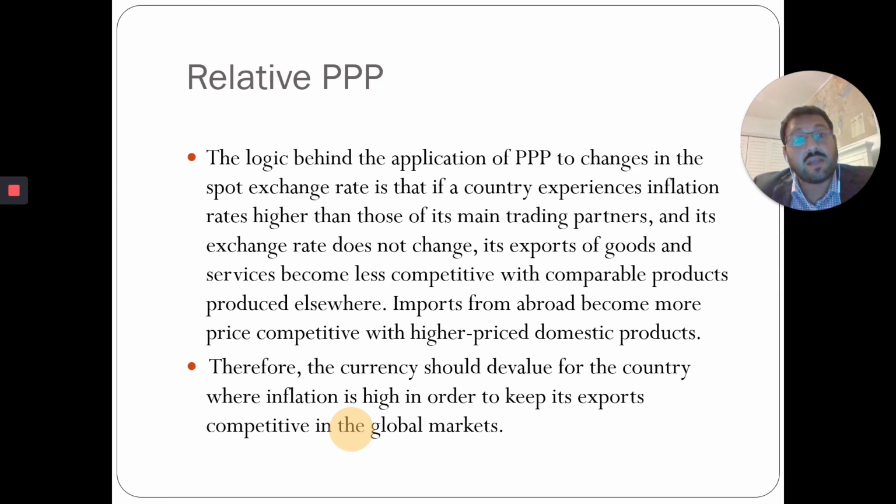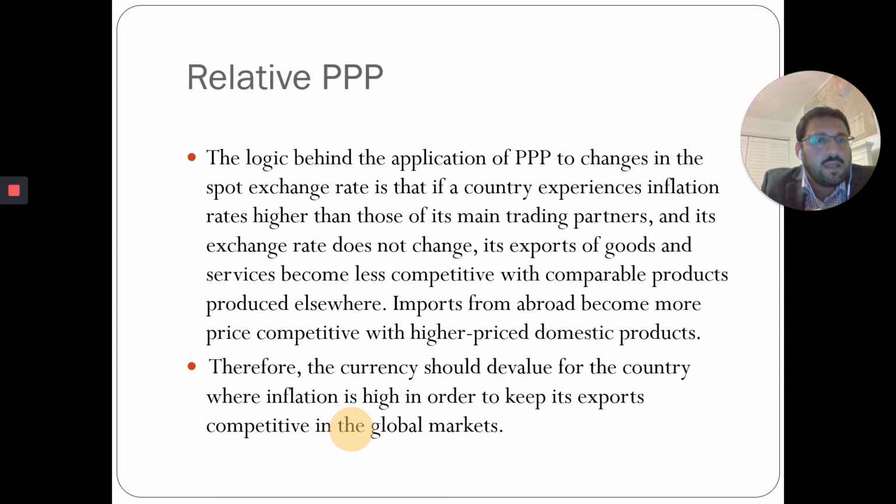Likewise, where there is inflation, the citizens of that country will start buying from abroad, because they can give the same number of units to buy one unit of foreign currency and buy from abroad where prices are less.